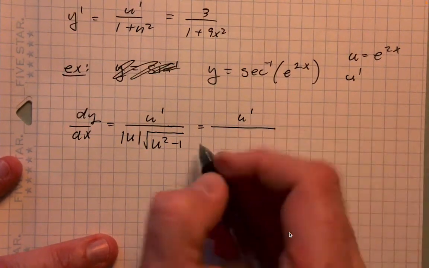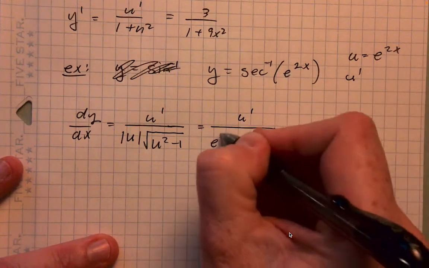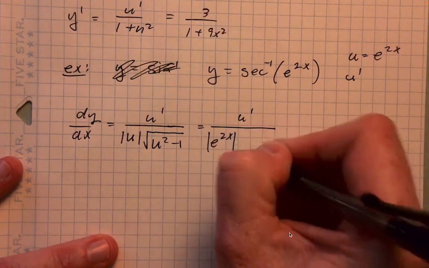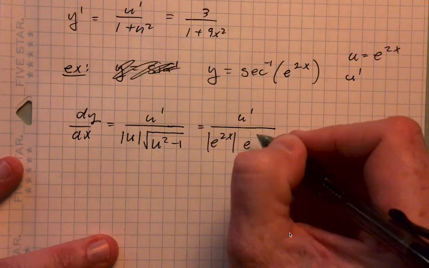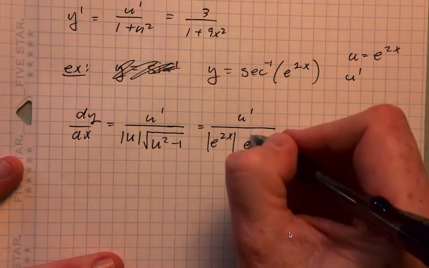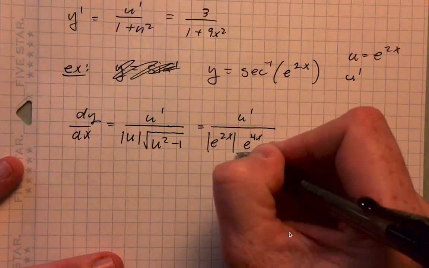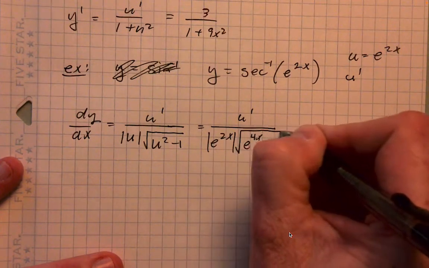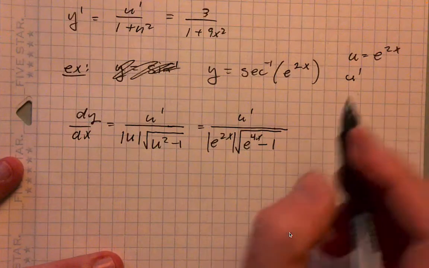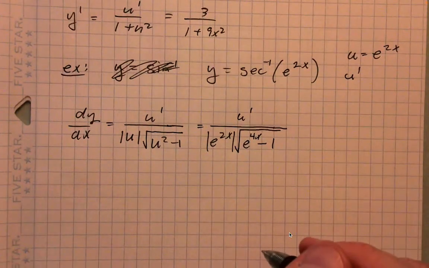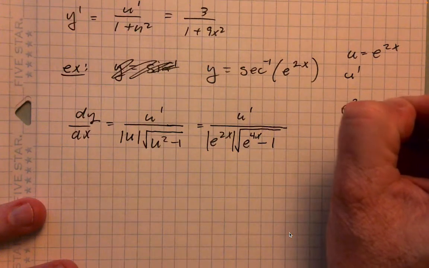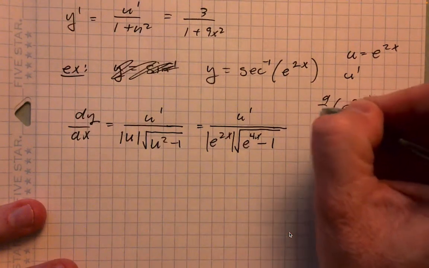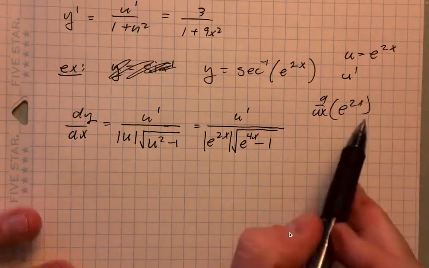The absolute value of u is just the absolute value of e to the 2x. And then u squared would be e to the 2x squared, which would be e to the 4x, and then minus 1. So what is u prime? The derivative of e to the 2x is like the chain rule, right?